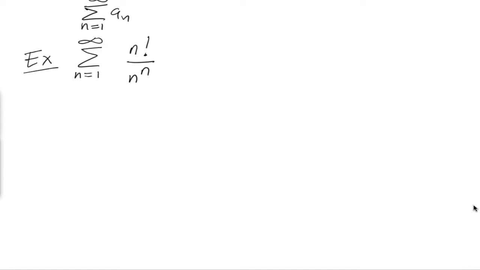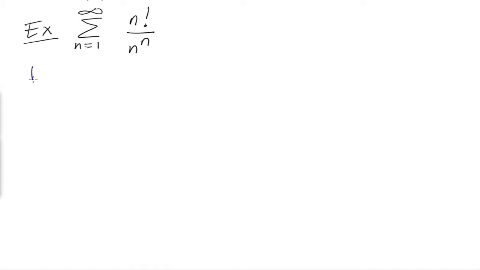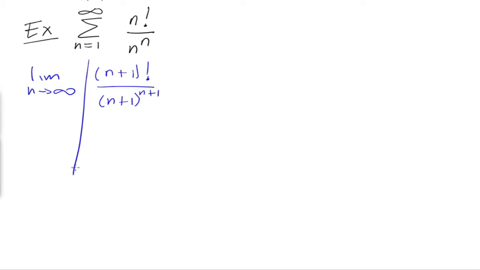Okay, so I take the limit as n goes to infinity of (n plus 1) factorial over (n plus 1) to the n plus 1, over n factorial over n to the n.